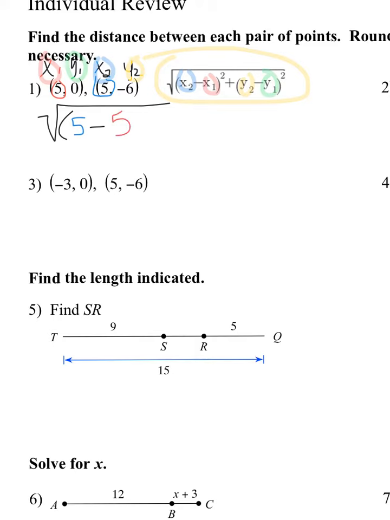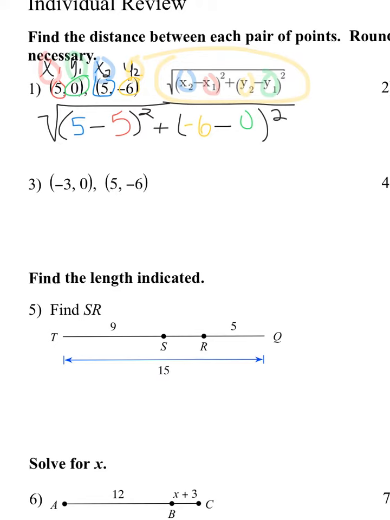I'm going to close the brackets and square it, plus y2, which was negative 6, minus y1, which was 0. And again, that is squared.